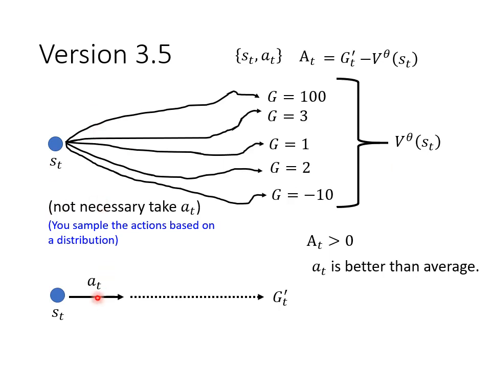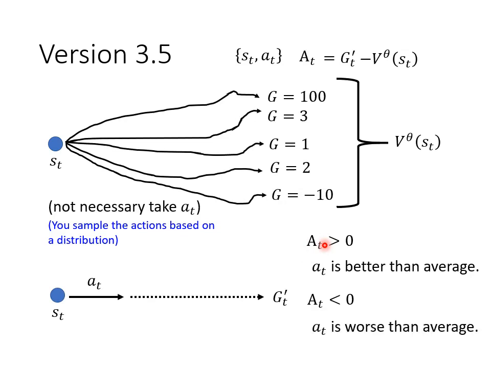So, when we executed action AT, the reward we got was greater than the reward obtained by randomly executing an action. So, when AT is greater than 0, it means that AT is better than a randomly executed action, indicating AT is a good action. So, we give it an AT greater than 0.